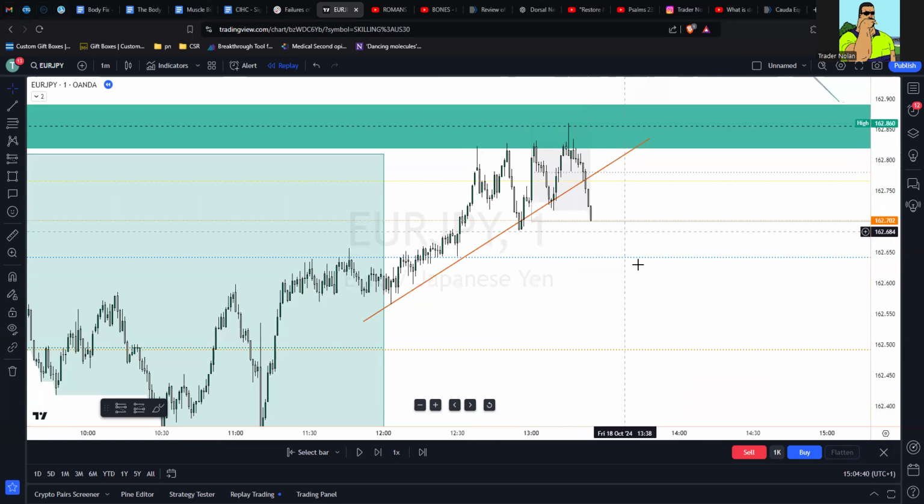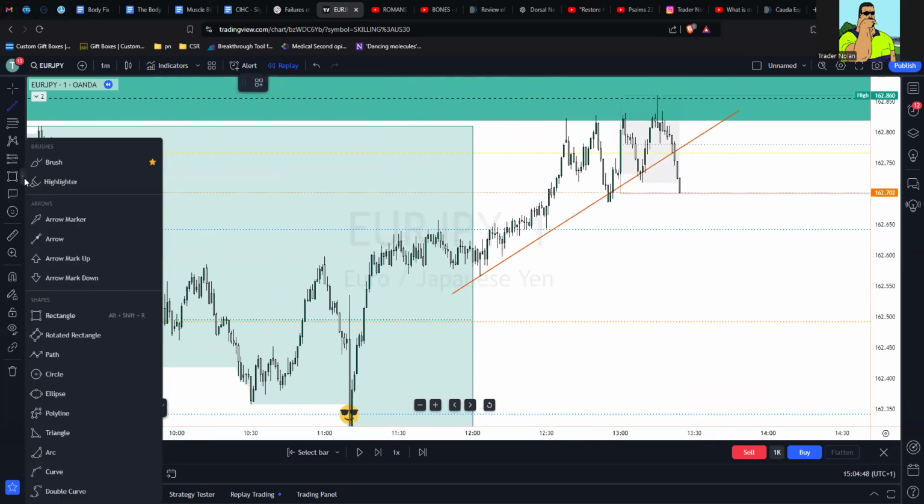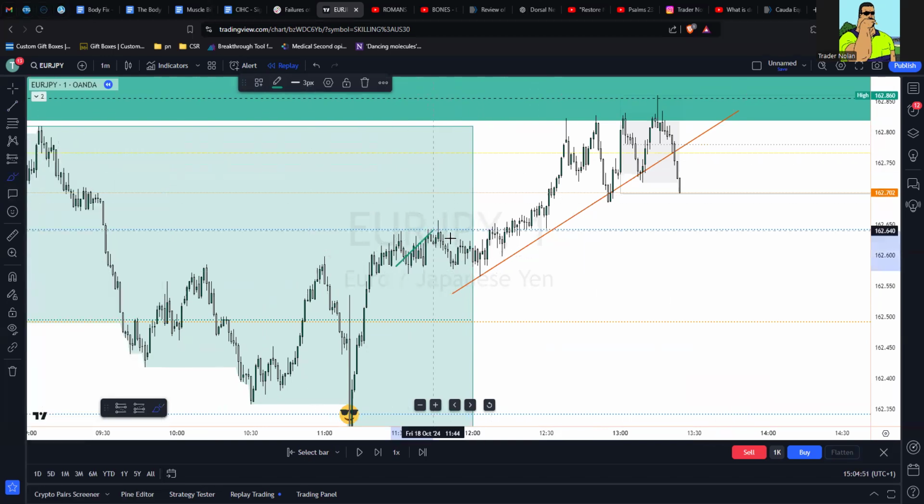This last wick was what I thought was just going to trickle up a little bit like this, because there is a zone above. So I manually stopped myself out because I didn't want to get blasted out by quite a bit. So that last move, there's liquidity there.